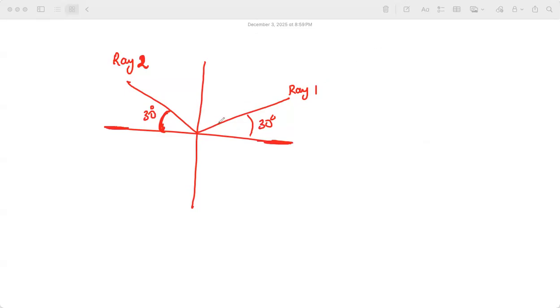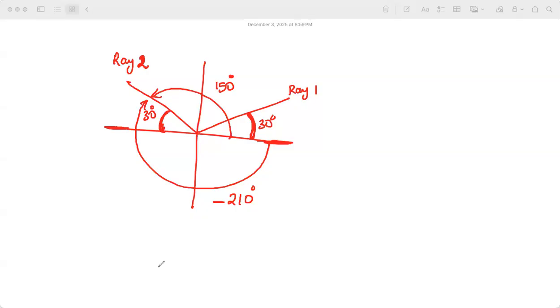So, in these cases, this really helps. This is 30 degrees. Then what should this be? 150. Otherwise, you can have it as 360 minus 150. Make sense? Any questions here?